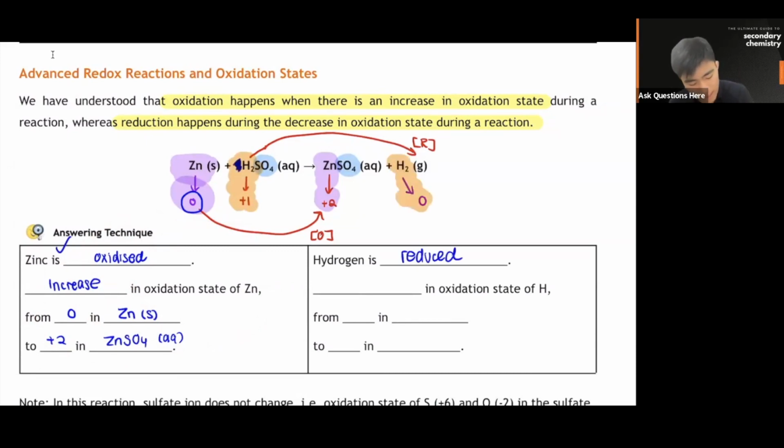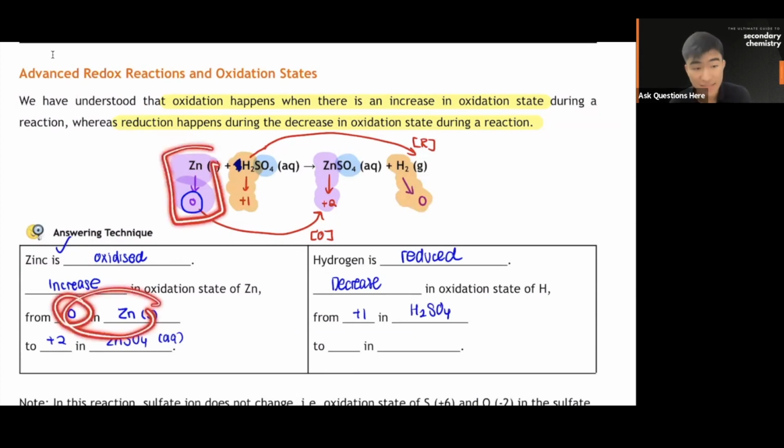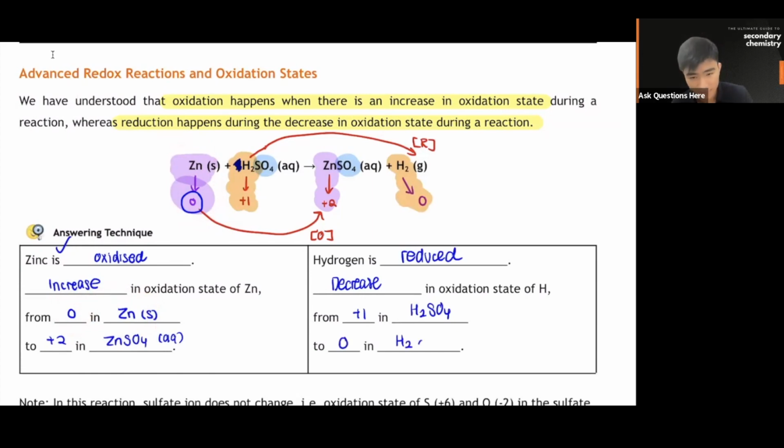So there is a decrease in oxidation state of hydrogen from +1 in H2SO4 to 0 in hydrogen gas. You must tell me where the 0 is, because I don't know which 0. Once again, I want to stress that state symbols are very important in this chapter.